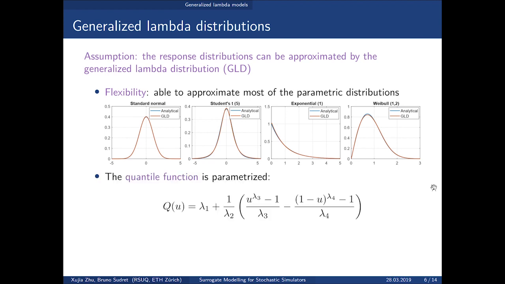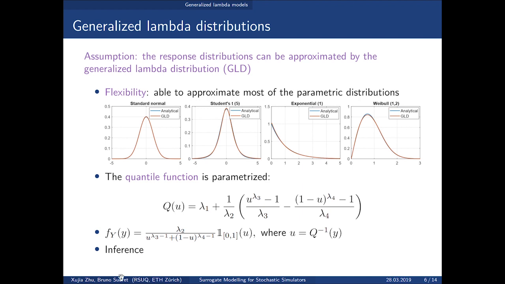Instead of directly parametrizing the density function, the generalized lambda distribution parametrizes the quantile function with 4 parameters, lambda 1 to lambda 4. From the quantile function, we can compute the density function. However, the density function does not have an explicit form because we need to solve a nonlinear equation.